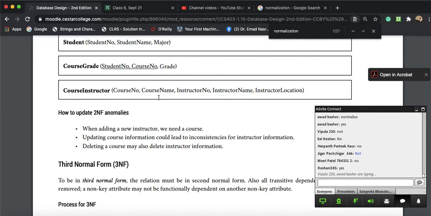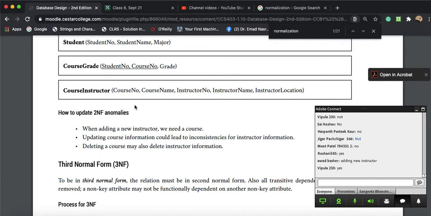Whenever I want to insert a course, I have to insert an instructor. So the problem is for both, adding a new course and adding a new instructor. Whenever I add a new course, I will put the course number, course name, and information about the instructor, even if I don't have an instructor. When I want to add a new instructor, I will put information about the course, even if I don't have a course. So yes, there is a problem.